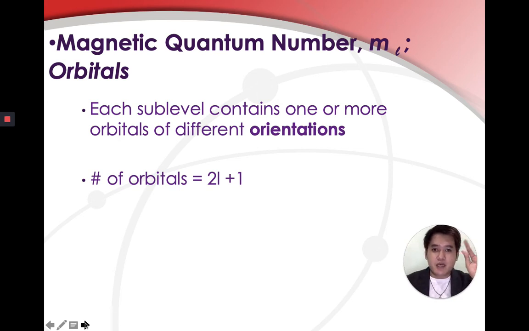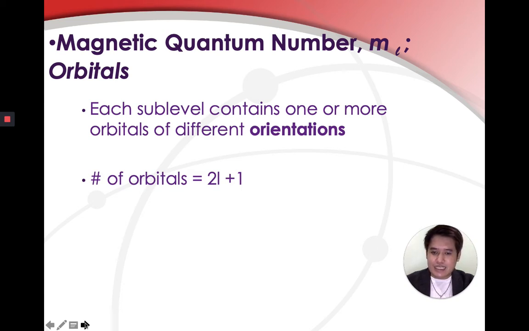However, if you have the dumbbell, later on, you can either place the dumbbell vertically, horizontally, or going through the plane. But so much for that. It will be more apparent later on. So just take note that the number of orbitals is equal to 2L plus 1.